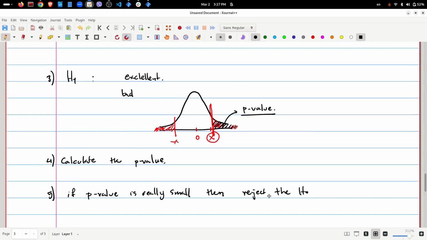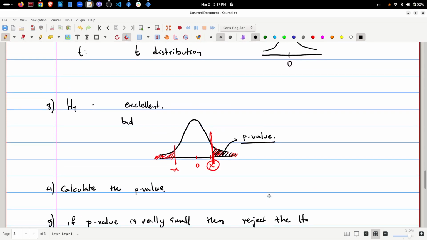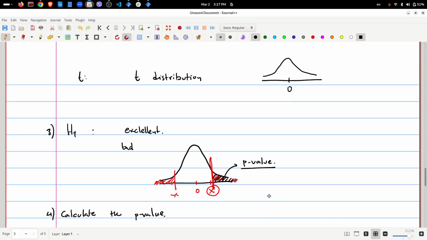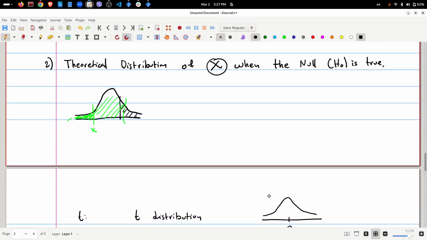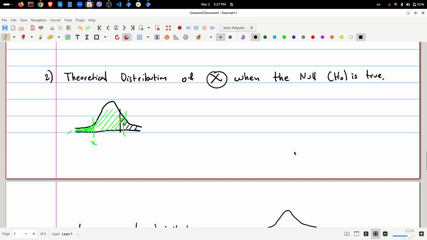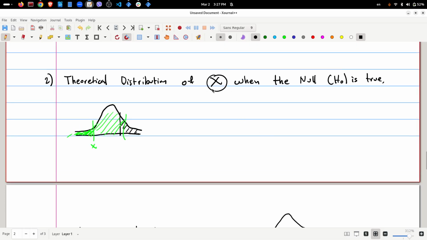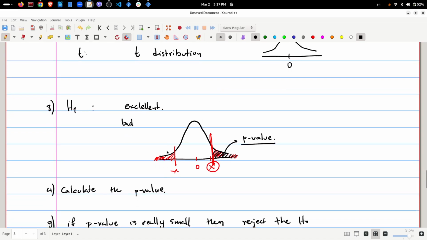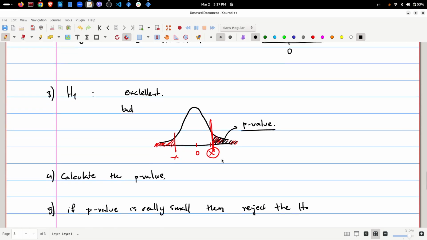Meaning that make the claim that this x value is not coming from this distribution, because this distribution cannot give such an x or more extreme values so easily.